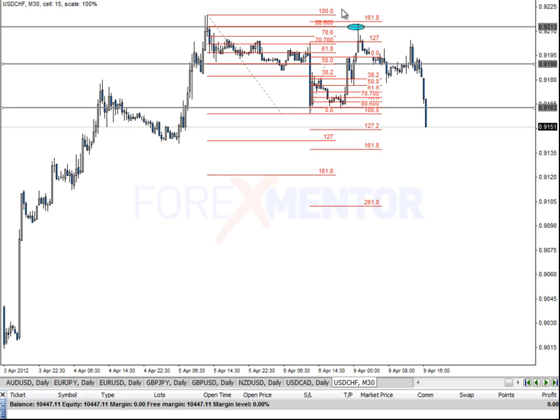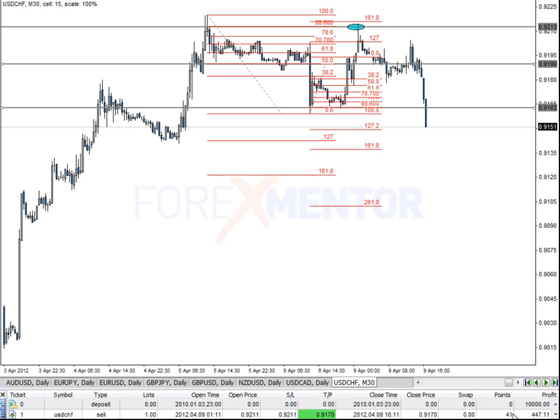If it breaks the highs, you don't really want to be in the trade. And you can see it came down, hit an area of support, then bounced, and we had a run towards the lows. Let me just show the account history. You can see the trade paid 41 pips.